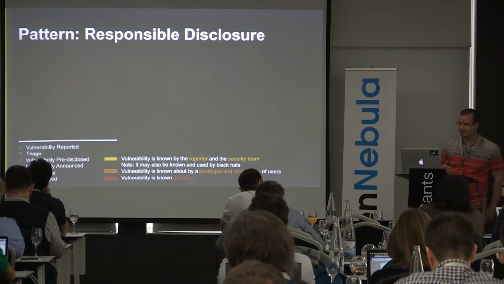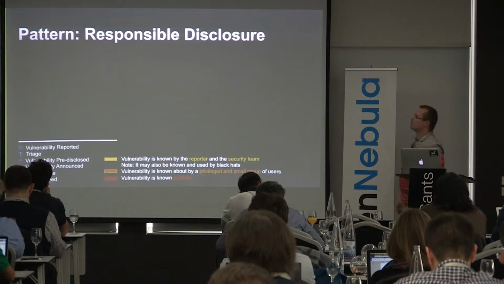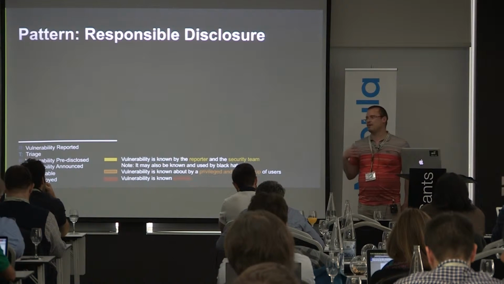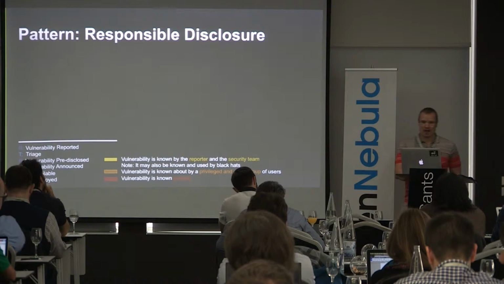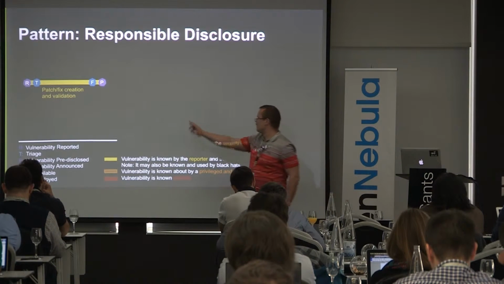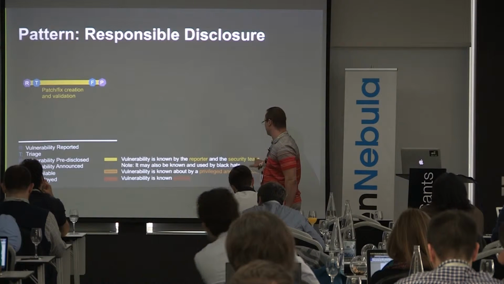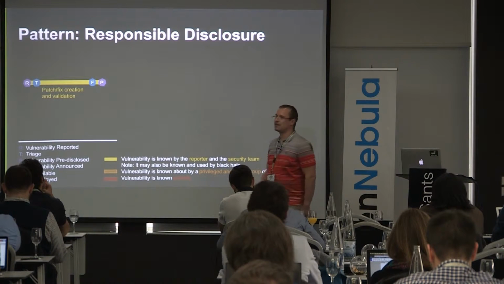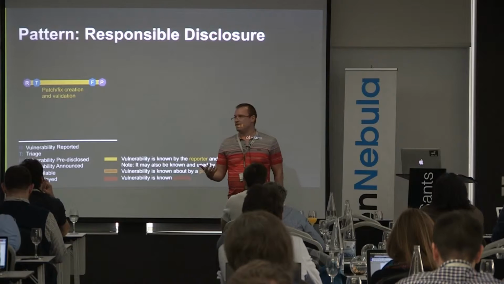The second model is what we call responsible disclosure, which seems to be the predominant model today. And that is slightly different, right? So again, the colors are actually relevant here. Yellow means it's your project security team.